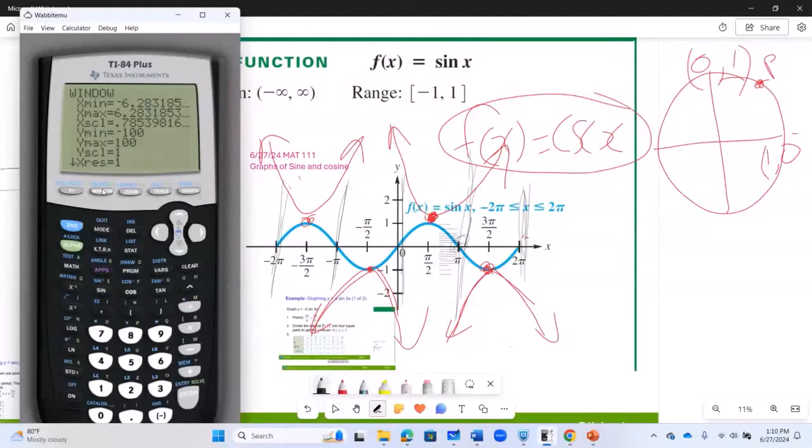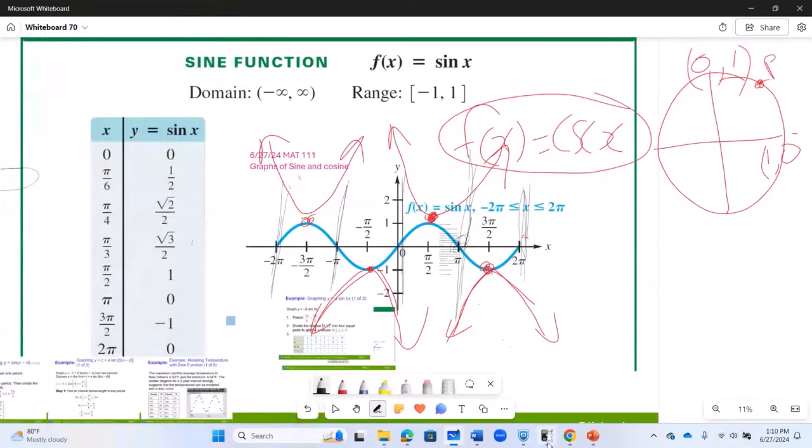But before I graph, go to mode. You must be in radian mode when you are drawing a graph of a trig ratio. I know I've said it before, but saying it again wouldn't hurt anybody. Then I graph.